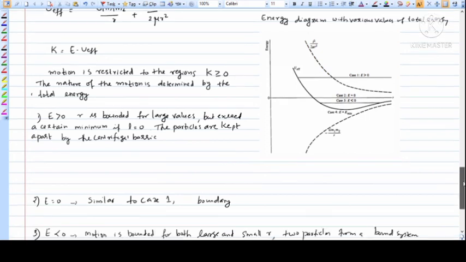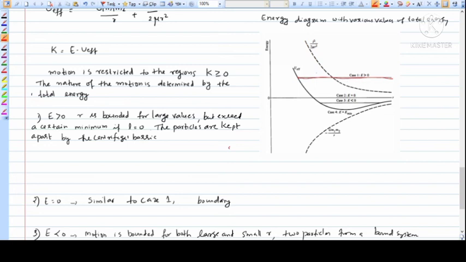So we are considering different cases of total energy, and in the first case E is greater than 0. When E is greater than 0, this is the line for E greater than 0, case 1.